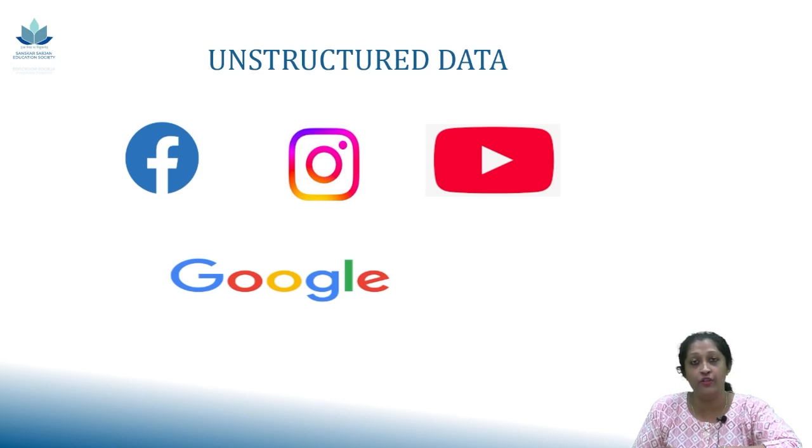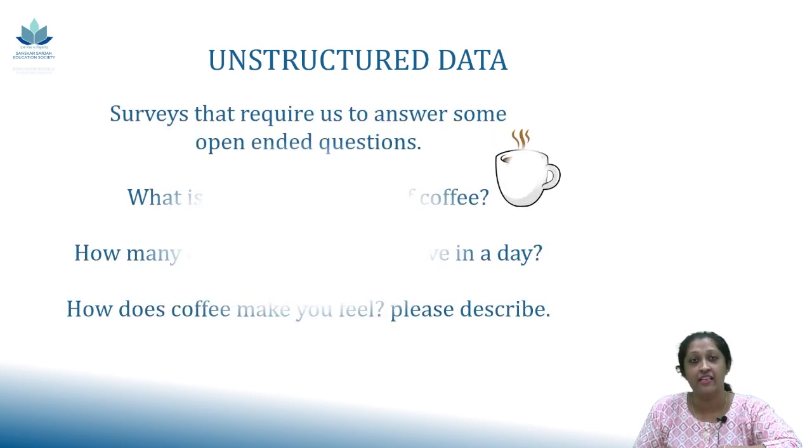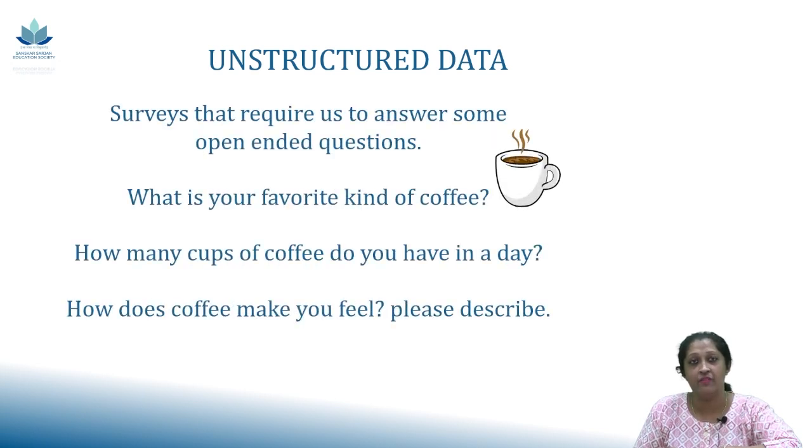Now, we all know survey forms. Survey forms are an example of unstructured data. In survey forms, the user can select information in checkboxes, and some questions are open-ended. For example, a survey about coffee. Questions like, what is your favorite kind of coffee? And how many cups of coffee do you have in a day?